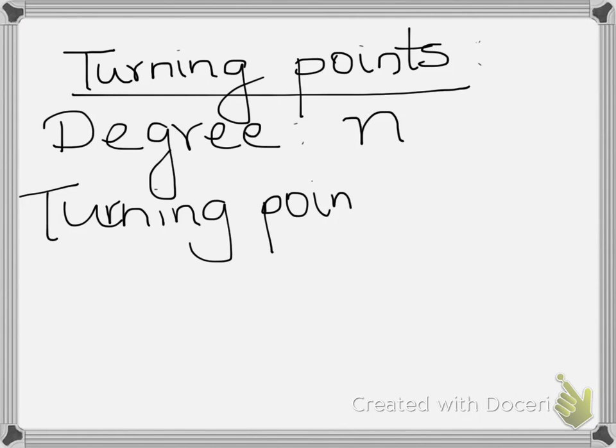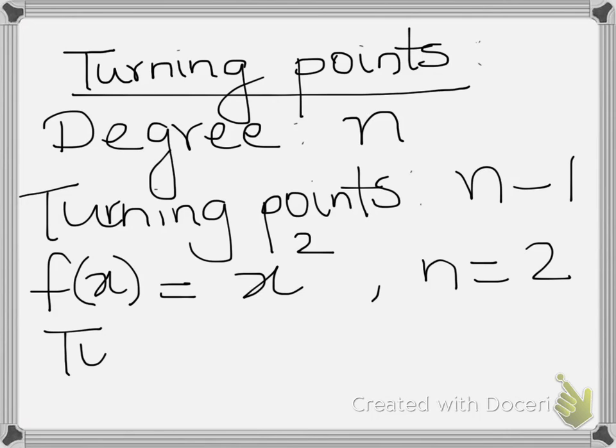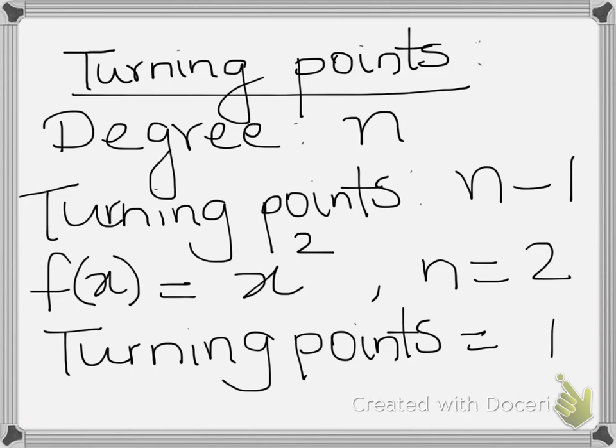So your turning points would be n minus 1. So if my function was f of x equal to x squared, the degree is 2. So the number of turning points would be 1. That means the graph of y equal to x squared will turn once. And we already know that the graph of a parabola has one turn.